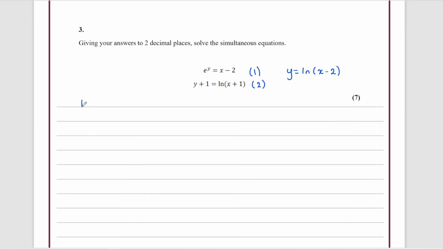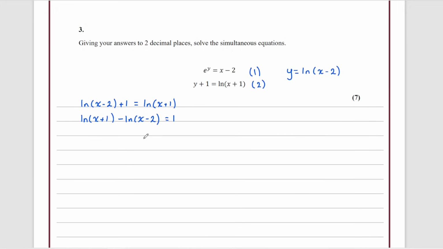If we do that, we get the natural logarithm of x minus 2 plus 1 is equal to the natural logarithm of x plus 1.